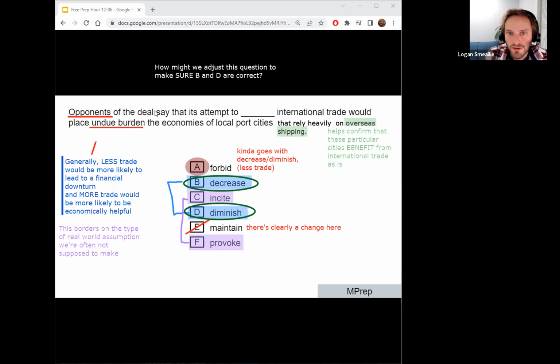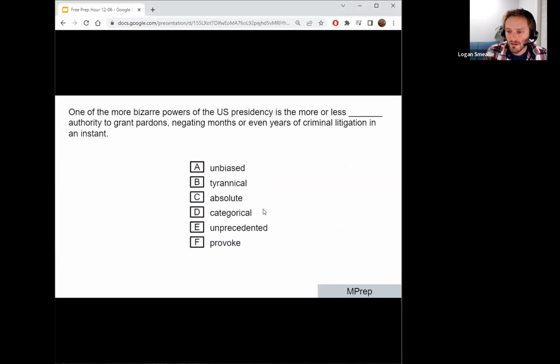See some more false triples, more identification here, like where we had 2 pairs and a couple unpaired words. This is going to be a really common pattern: a correct pair, an incorrect pair, and a word that kind of goes with the correct pair, but is off somehow. Try this one.